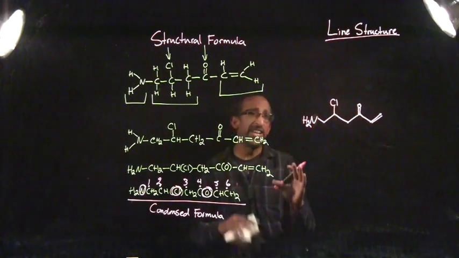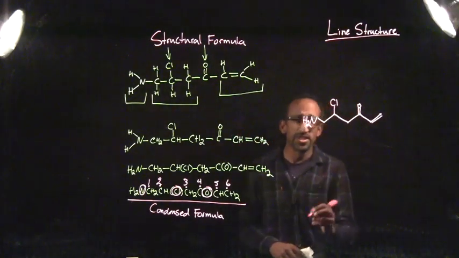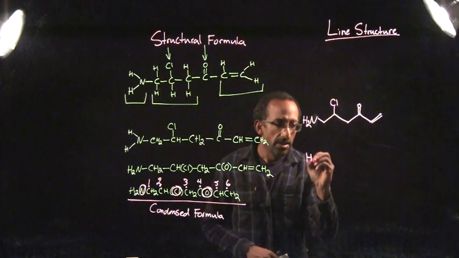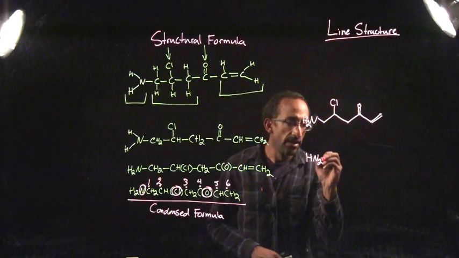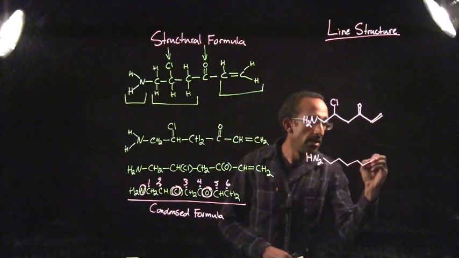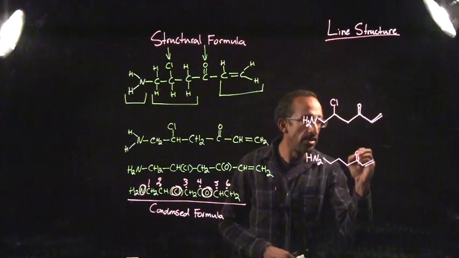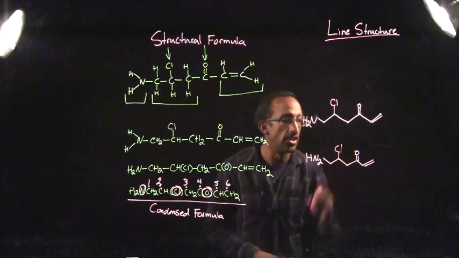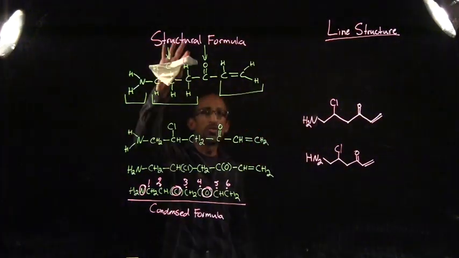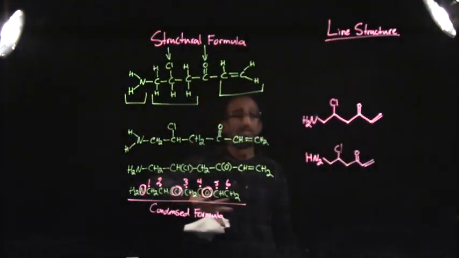Now, here I've taken my time in drawing it out, but you can see that when I'm in a hurry, it's actually much faster for me to draw a line structure than it is for me to do a structural formula or a condensed formula.